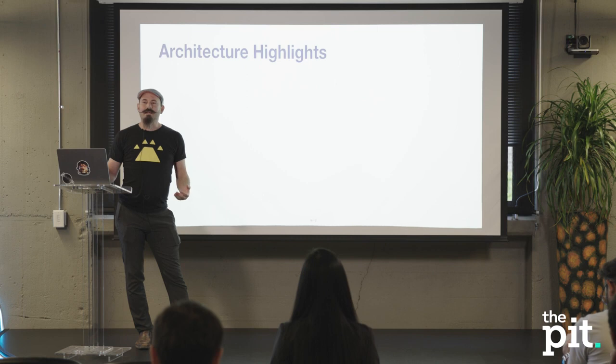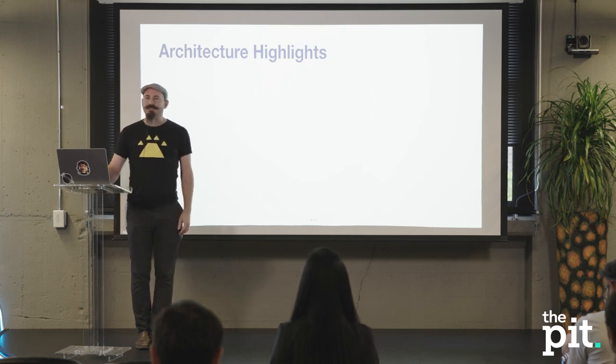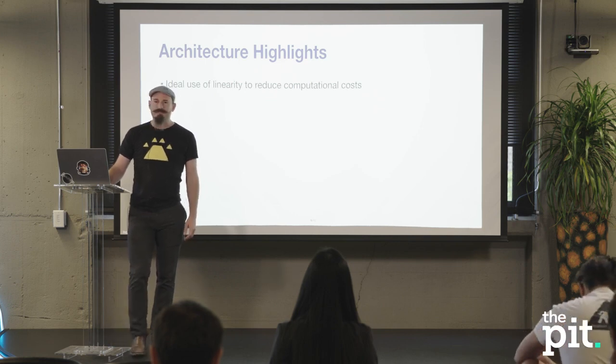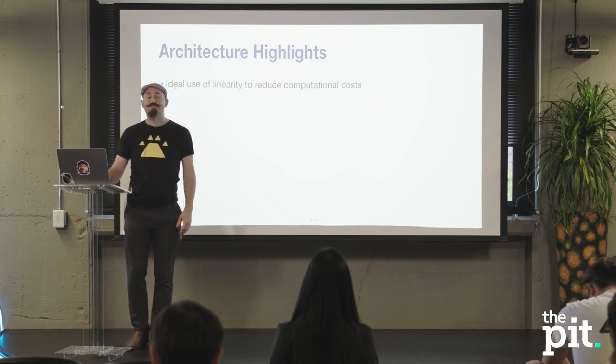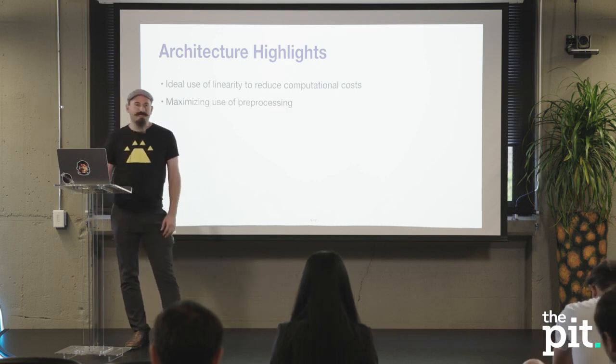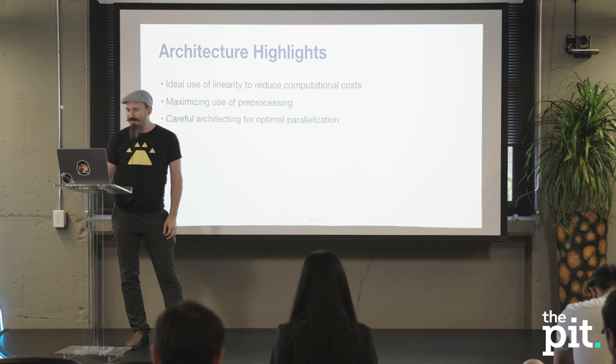And the way we make this fast, we do a few things. One is we're using linearity to reduce the computational costs, and I'll explain specifically what that means. We're maximizing the use of preprocessing, so whatever we don't have to calculate when constructing the proofs and the interpolations, we're doing beforehand in preprocessing.